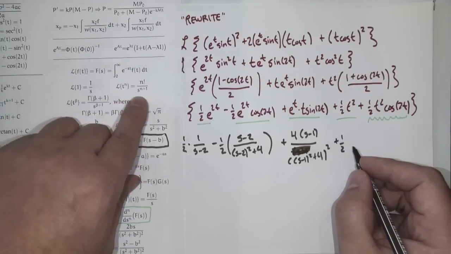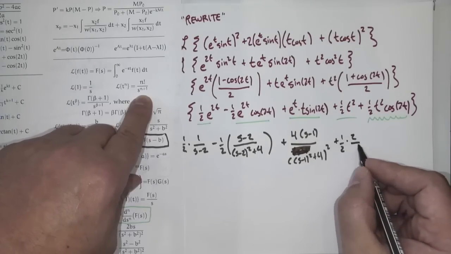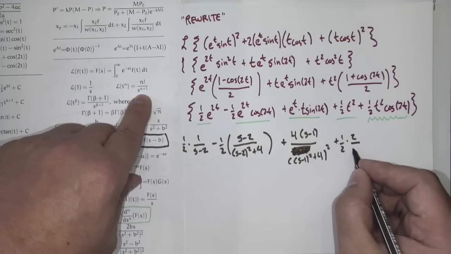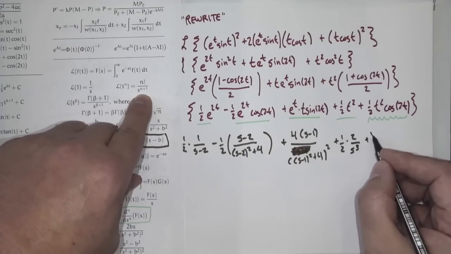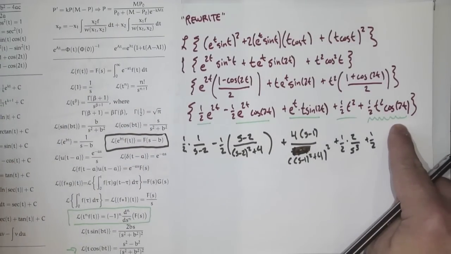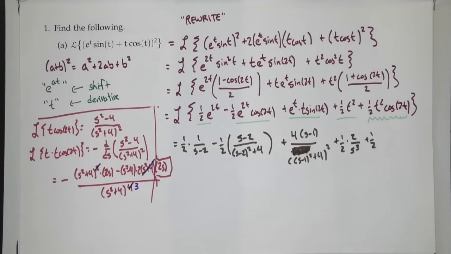Then t squared, that's n equals 2, becomes 2 factorial upstairs over downstairs s to the 2 plus 1, which is s cubed. Plus a half t squared cosine 2t, which is what we worked on over here. And let's see, should we try to maybe even clean that up a little bit? I said we didn't need to clean it up, but now I feel the urge to clean things up.